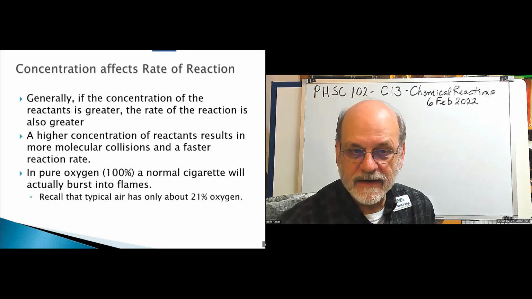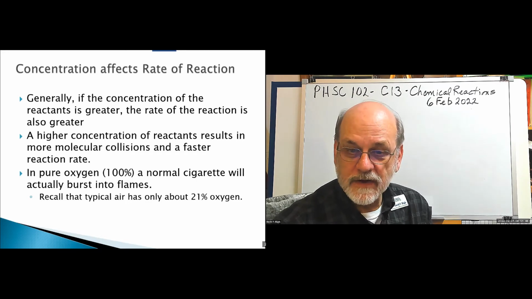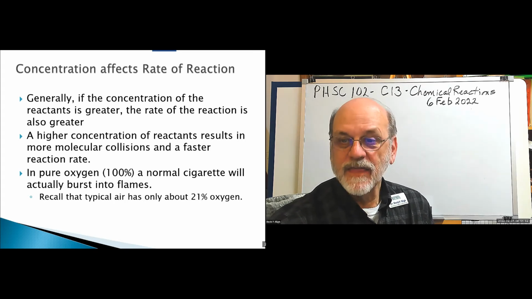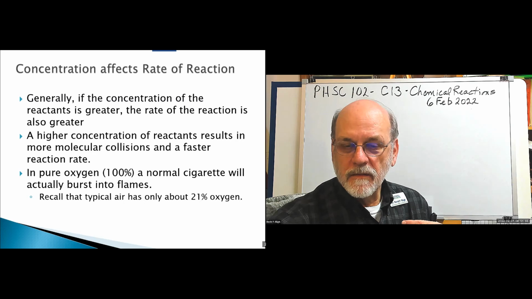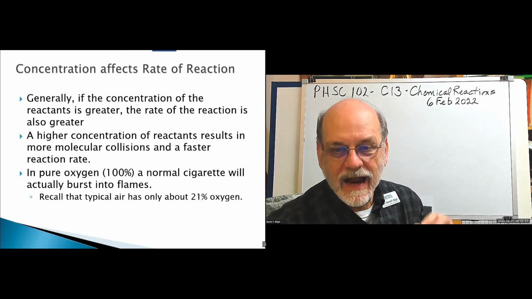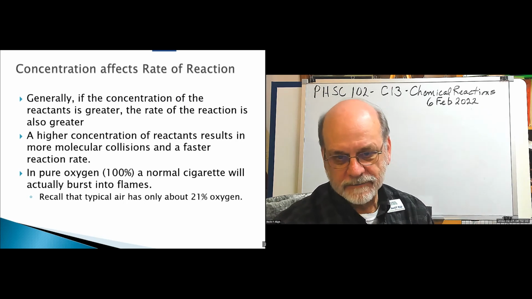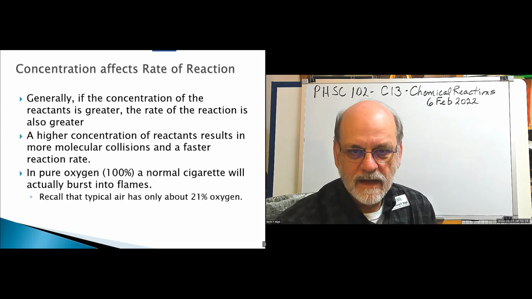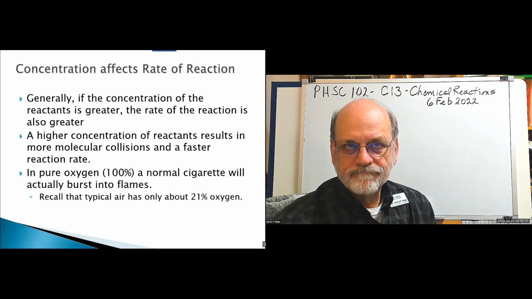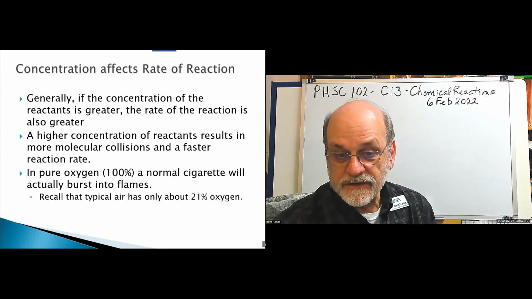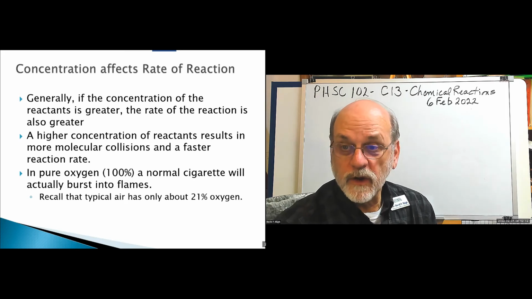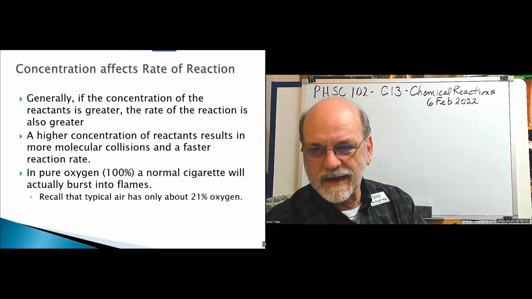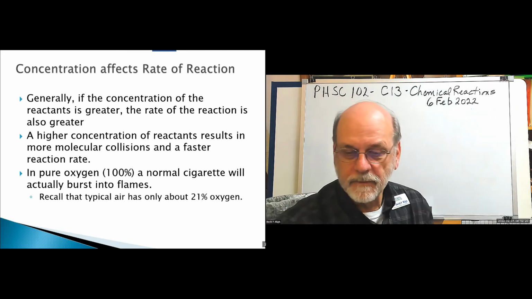Okay, concentration effect. A higher concentration of reactants results in more collisions. And the more collisions you have, the higher the probability of a reaction occurring. Their example here is a lit cigarette. At 21% oxygen, which is atmospheric, the cigarette burns at a pretty slow rate, actually.